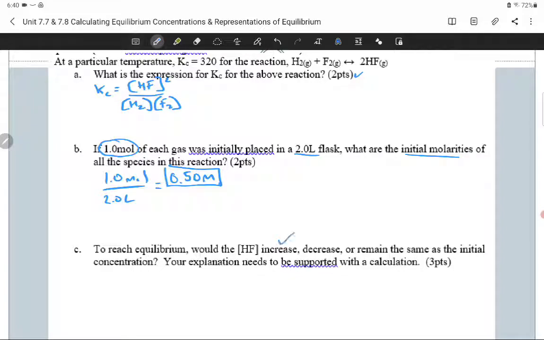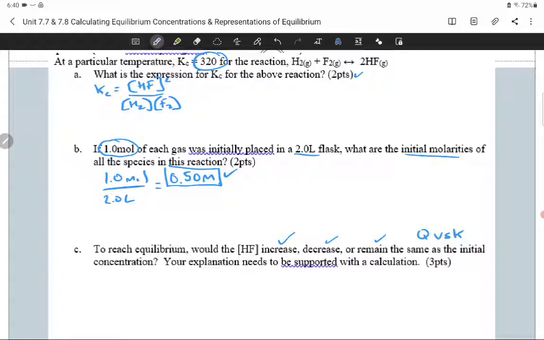Whenever you see questions about that, this is our second, I guess we'll call it still an introduction, Q versus K. K was given, 320. I would consider that a large K. Q is not given, but remember the initial molarities are given.